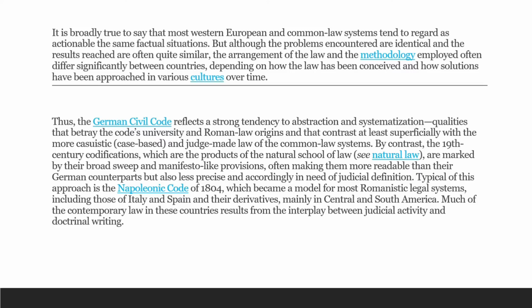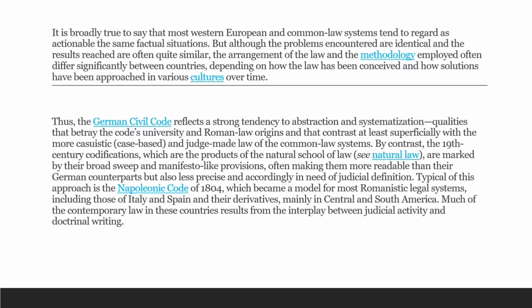By contrast, the 19th century codifications, which are the products of the natural school of law, are marked by their broad sweep and manifesto-like provisions, often making them more readable than their German counterparts, but also less precise and accordingly in need of judicial definition.